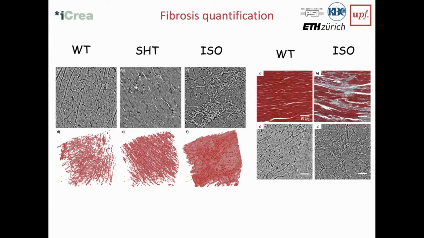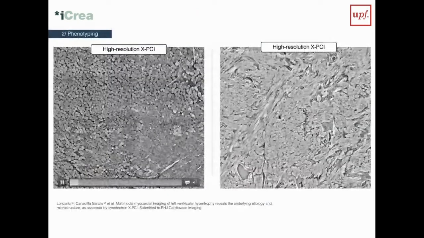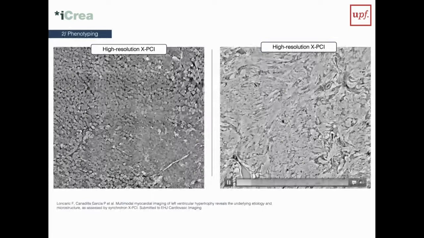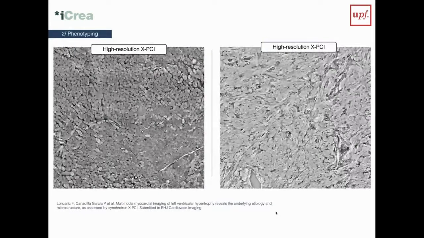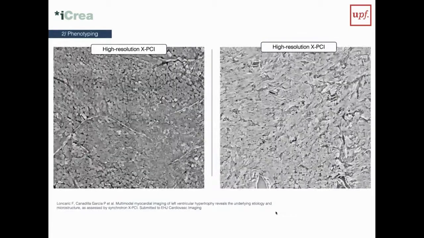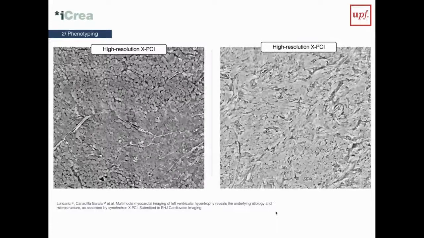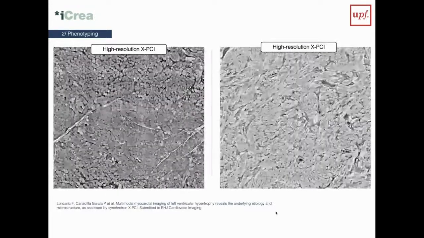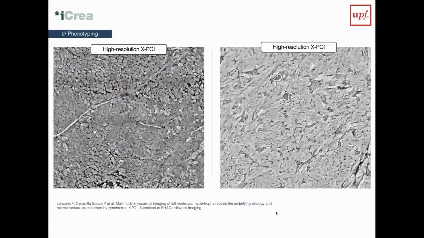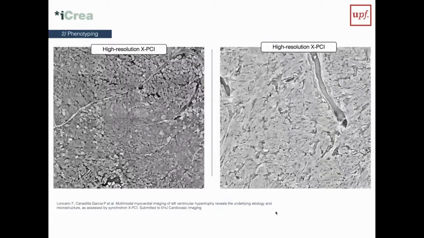You can nicely see how CT images in this case can show the same information as histology. Again, this is an example of tissue from a patient that was operated on, a patient with hypertrophic cardiomyopathy. That has a genetic mutation that gives abnormal fibers.